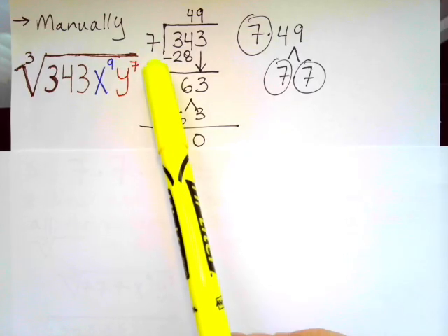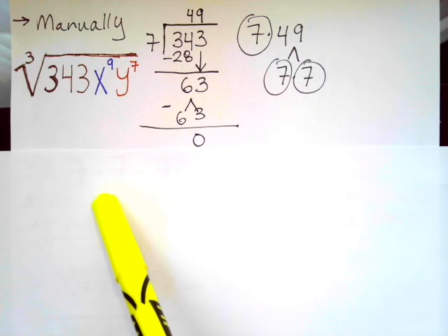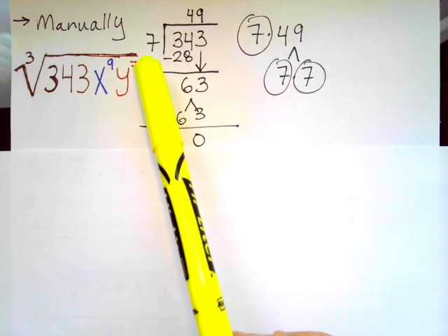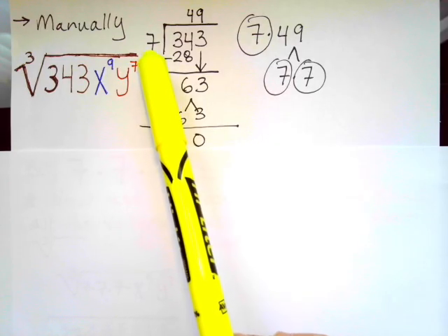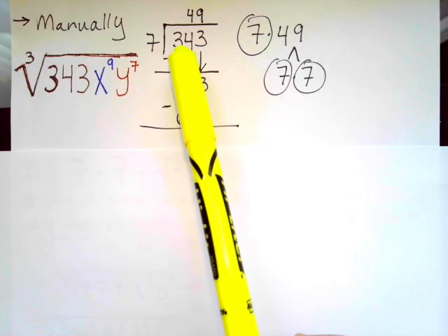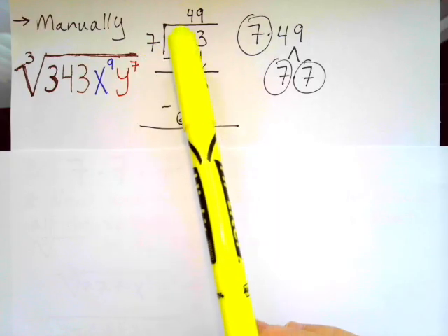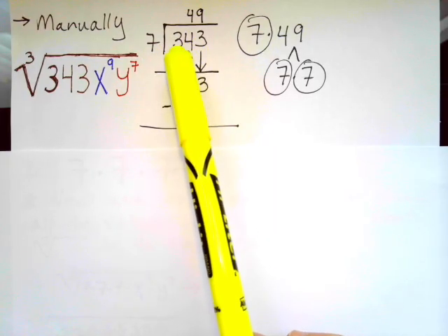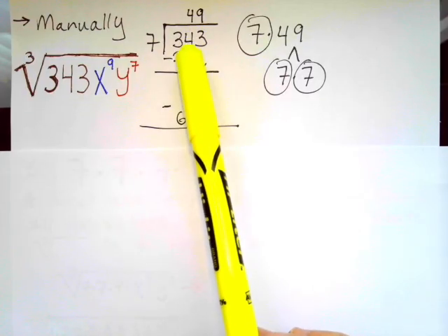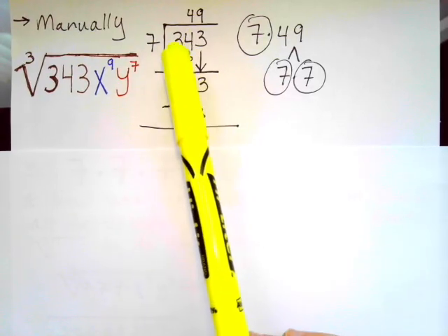The key in going over each of those answers, A, B, C, D, and E, is that every one of them had a 7 in the answer. So that got me thinking, maybe I should start with a 7. So 7 divided into 343 manually: the closest number times 7 that gets me to 34 is 7 times 4, which is 28. 7 times 5 would put me over, since 7 times 5 is 35.